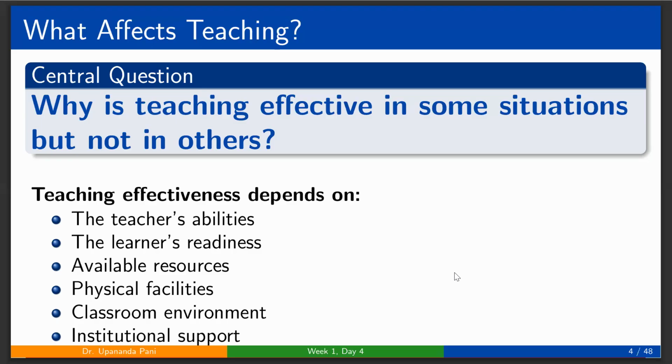Now, what are those factors? Teaching effectiveness depends on the teacher's abilities, the learner's readiness, available resources, physical facilities, classroom environment, and institutional support. You can see all these factors are very important.